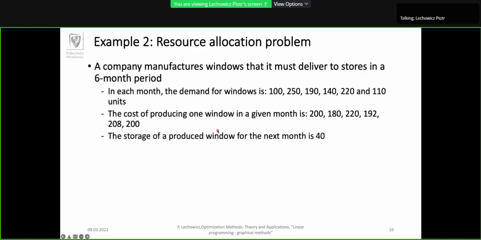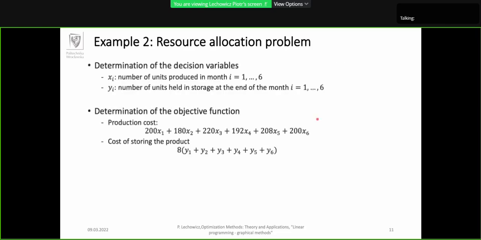So the cost of storage of the produced windows for the next month is equal to 40, and we should deliver windows minimizing the cost.